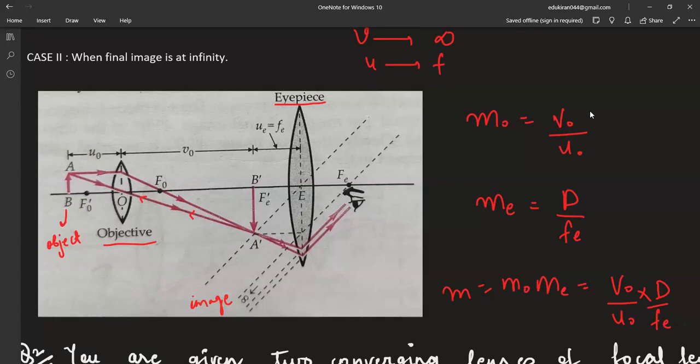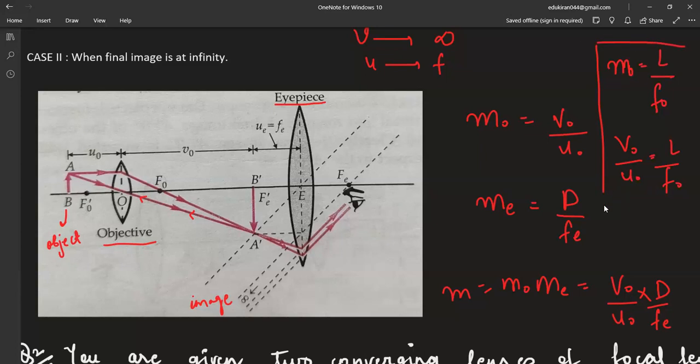One more thing, class, you can add in your calculation. Anytime you can equate. This is one formula if this is required. Magnification in both the cases is also equal to length of the tube by the focal length of O. So sometimes you can equate V naught by U naught equal to L by F naught in these calculations, in the previous calculation also.